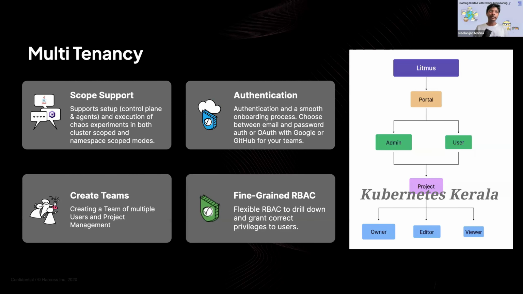Then we have the concept of multi-tenancy as well. So let's say you want many people to access your cluster, and you want to restrict the scope that you give to your LitmusChaos. Because let's be honest, guys, chaos engineering is a very disruptive practice. You are exposing your applications to harm, you can say, by injecting these tests.